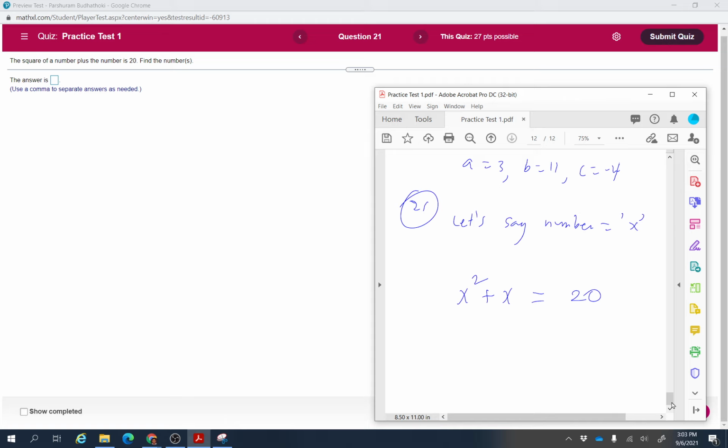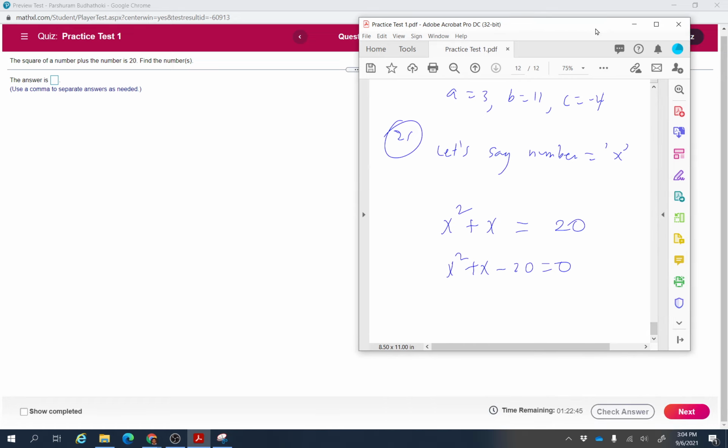Plus means sum. Just bring this 20 to the left side. This is a quadratic equation. Now you can solve this quadratic equation by using the factoring method or by using the quadratic formula. That's up to you. I'm going to use factoring. So plus 5 and minus 4, because 5 times minus 4 is negative 20, and plus 5x minus 4x is plus x.